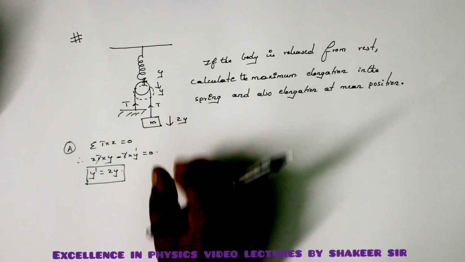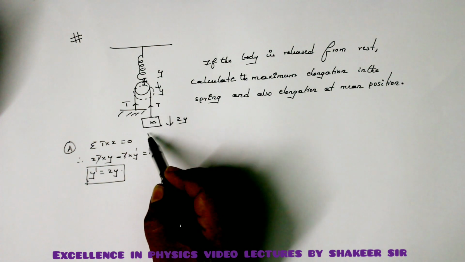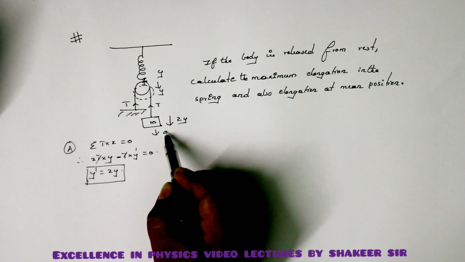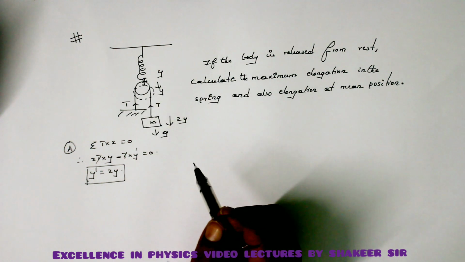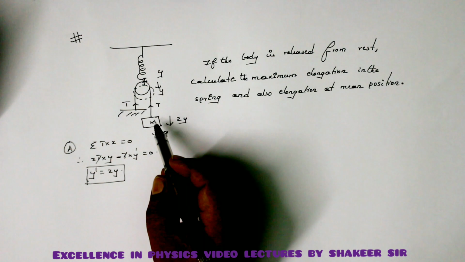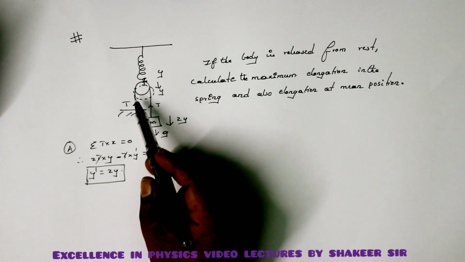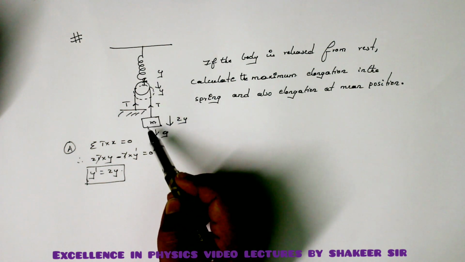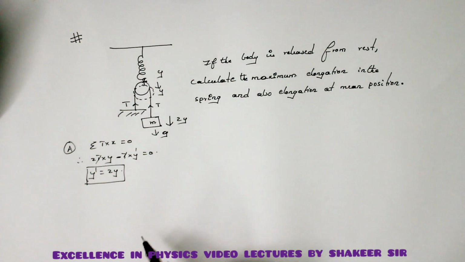Now if I release, this mass will continue to fall down. Initially it will have an acceleration of g because the spring was in a relaxed position. After it starts going down, the spring starts elongating, so therefore the restoring force starts pulling this mass upwards.